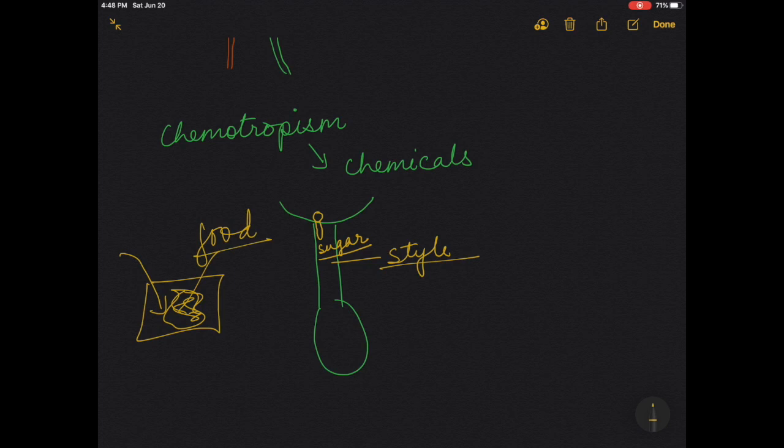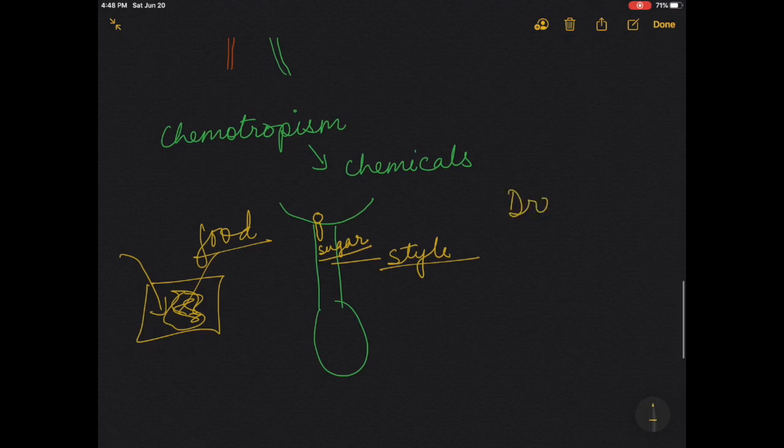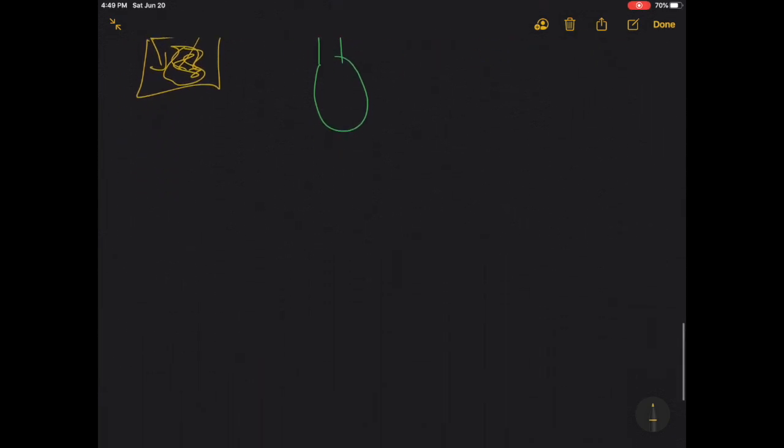So this is also chemotropism. Another example is the movement of tentacles of Drosera towards the source of nutrition. This is an example of chemotropic movement.